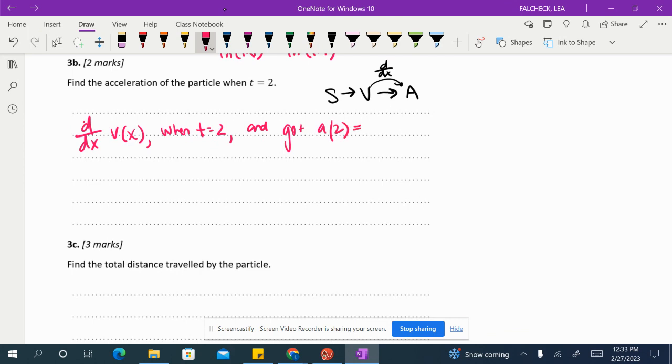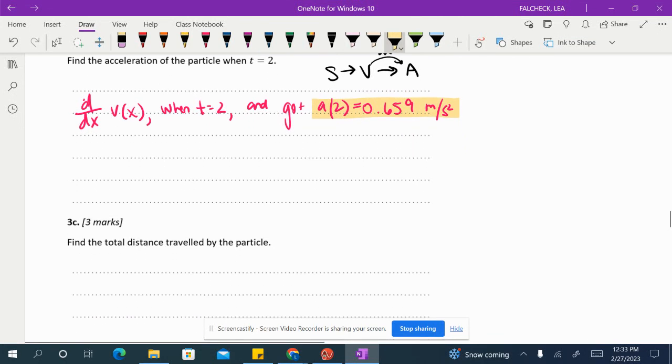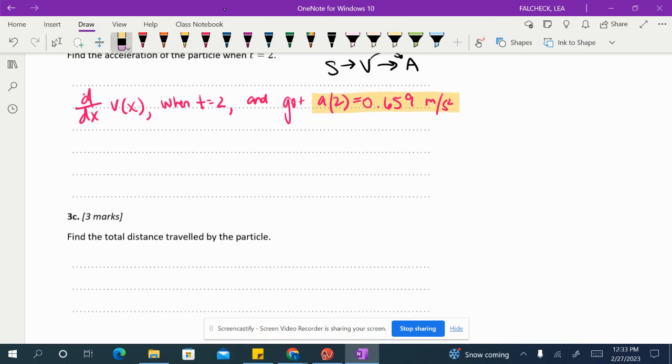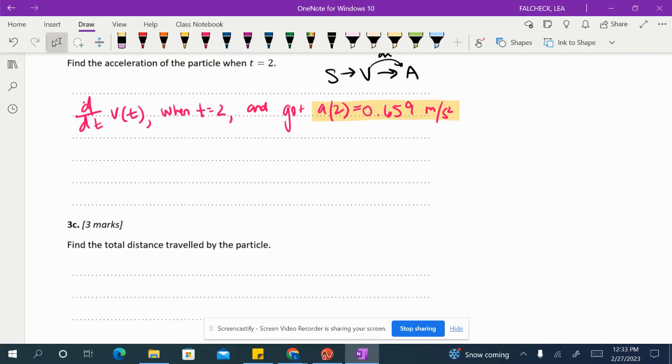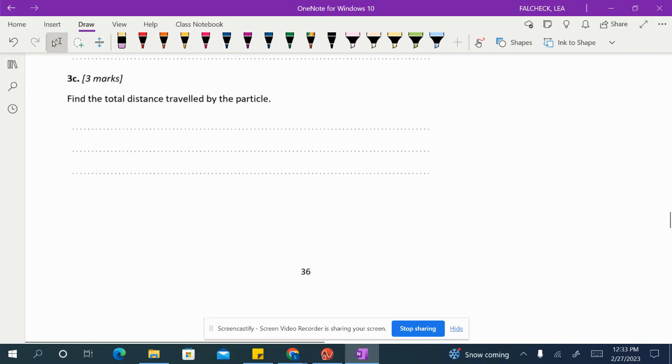And got a of 2 is equal to 0.659 meters per second squared. Okay. All right. So I guess we should change those x's to t's because our calculator doesn't use t's unless we want to work with a slider, but we want to make sure that all of our notation matches for IB.